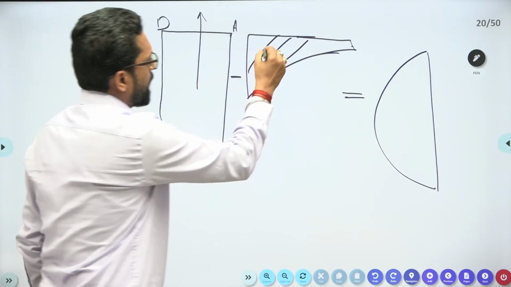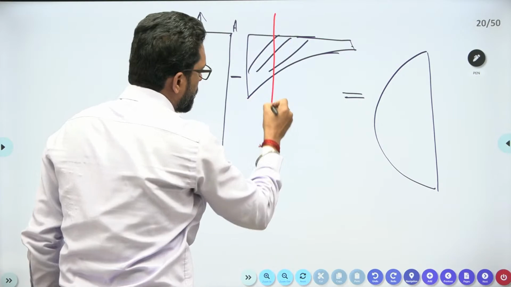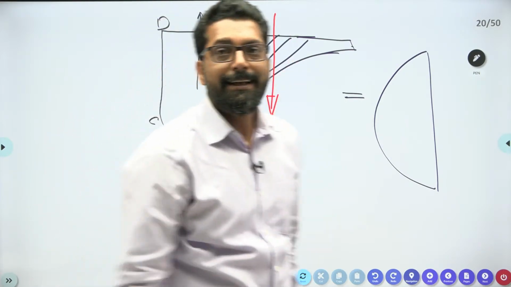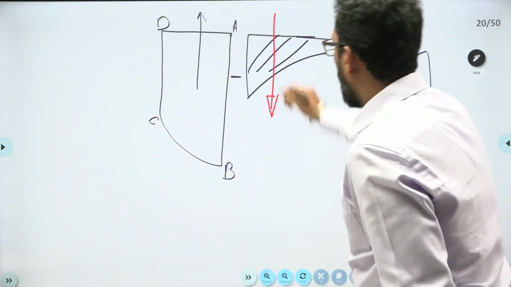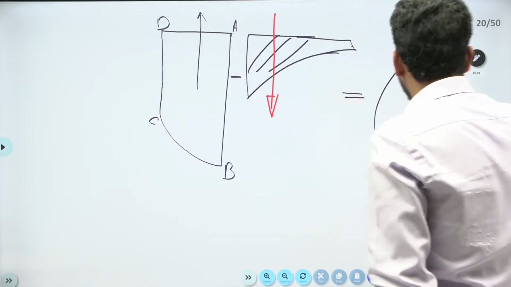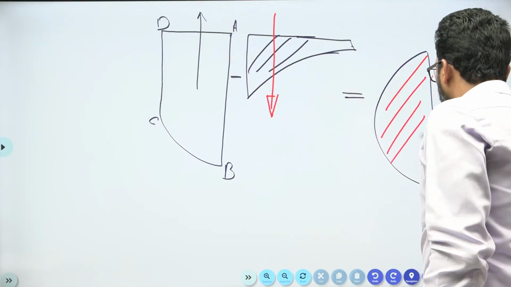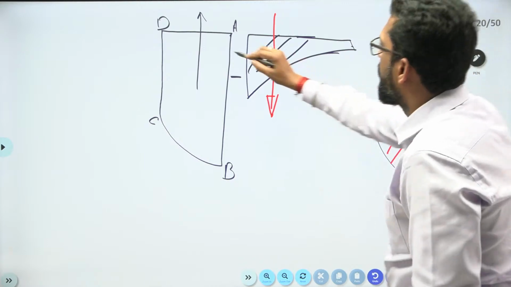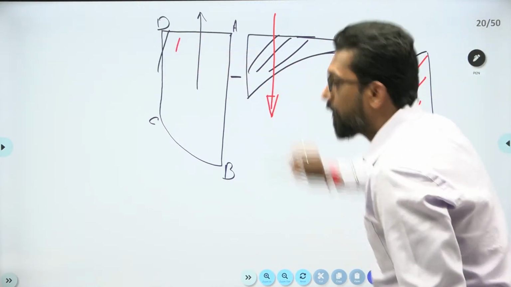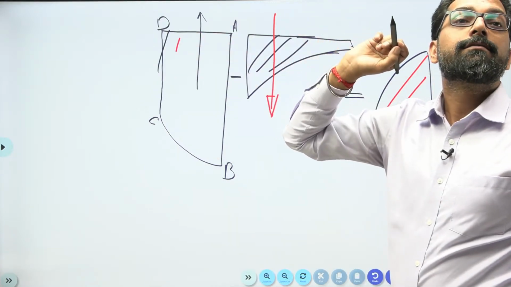This fluid will act in the downward direction. So this minus this is your semicircle. This is higher than this one, so the net force is in the upward direction.